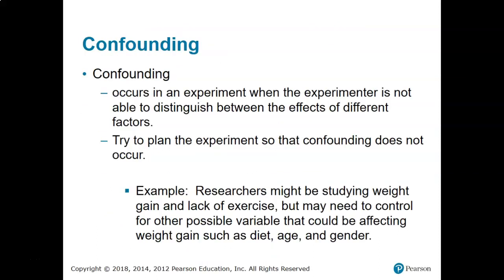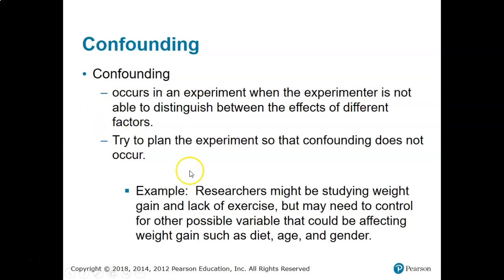Okay, a couple other definitions just to kind of wrap up chapter 1. Confounding occurs in an experiment when the experimenter is not able to distinguish between the effects of different factors. So we want our experiment to be able to explain what's happening, and sometimes when you have a lot of confounding variables, we end up with things where you really can't identify what's the actual cause.